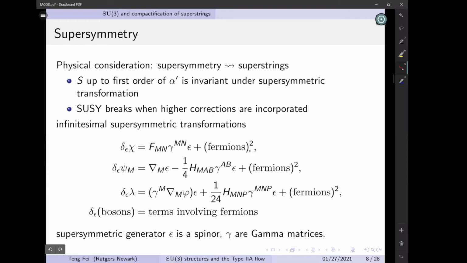There are also some terms which involve quadratic terms of fermions. So these are the variations of the fermions, and the variation of bosons consists of all terms involving fermions. So these are the supersymmetric transformations.